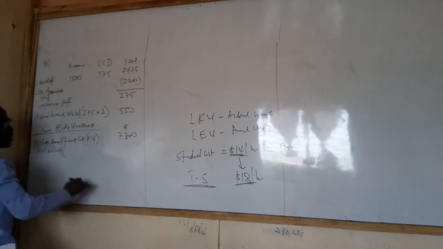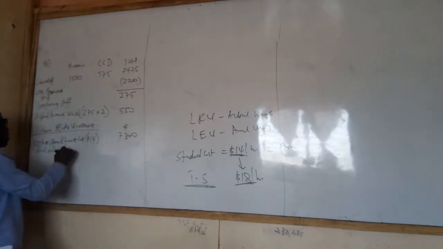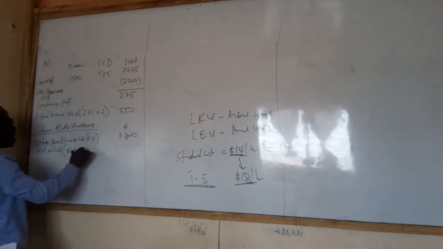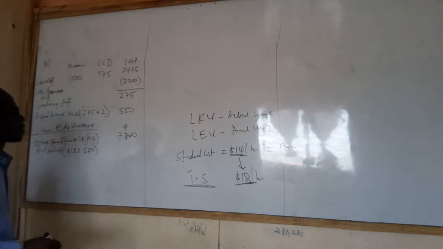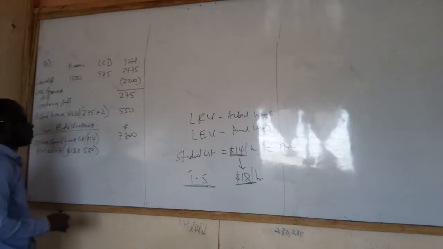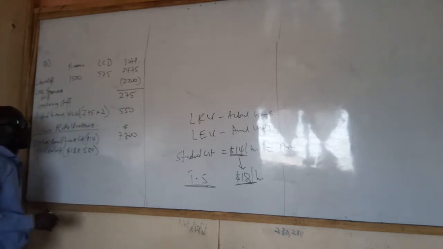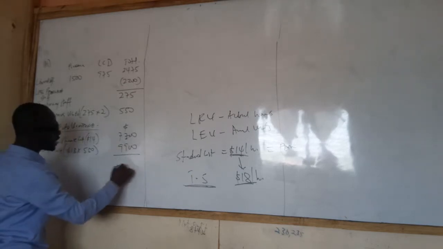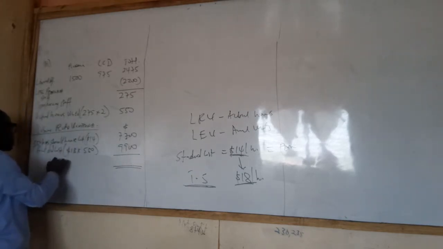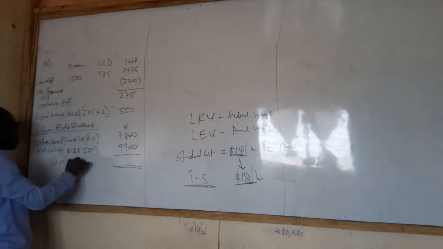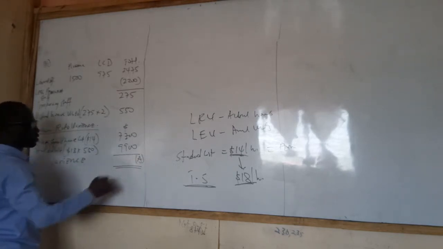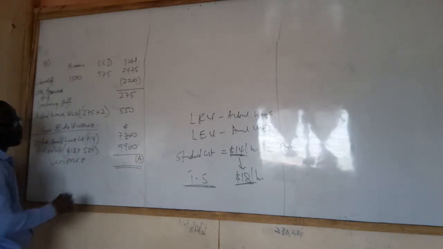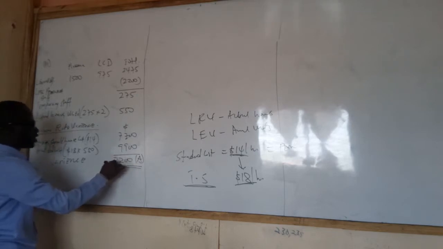how much did we pay? We paid them $18 per hour times that same 550. What do I have? 9,900. So that's an adverse variance of 2,200 dollars.